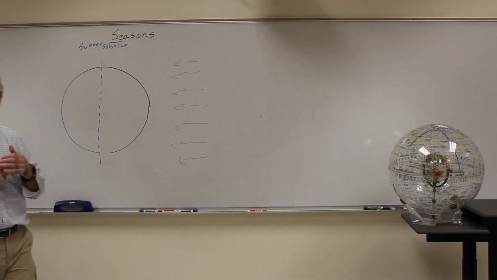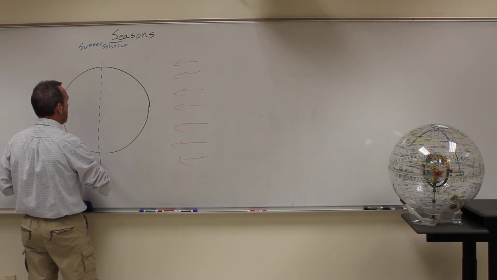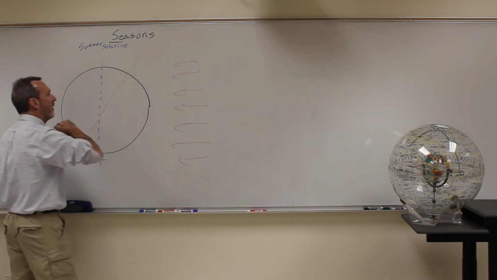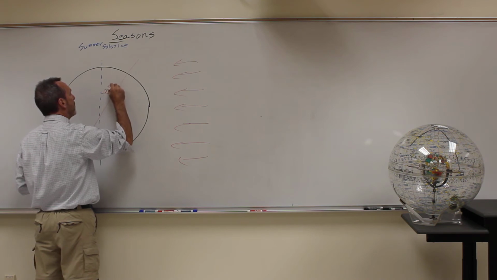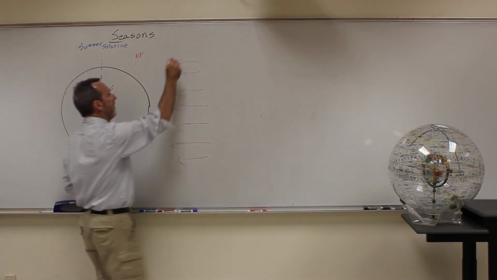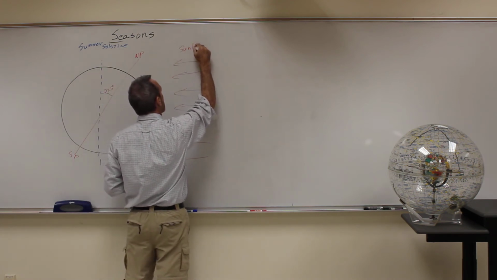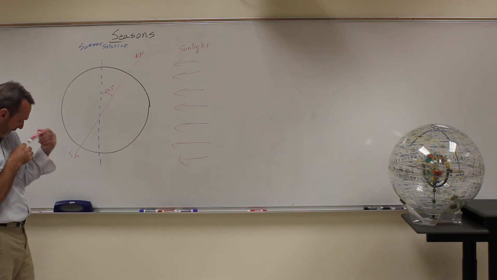remember the summer solstice, the north pole of the earth is actually pointed towards the sun, and it's got a tilt of 23.5 degrees. So this is the north pole of the earth, this is the south pole, this is sunlight. Okay? All right.